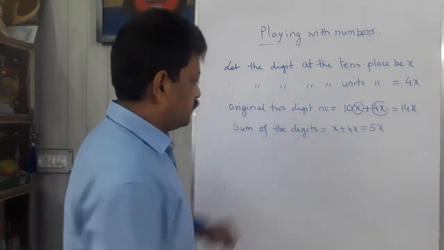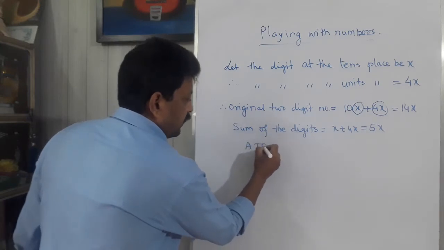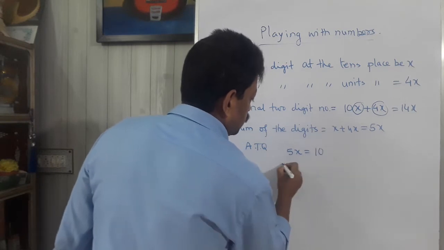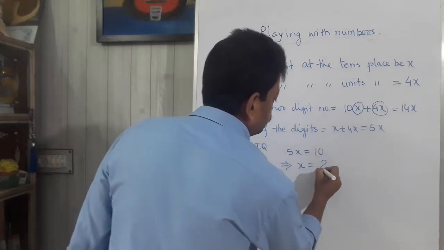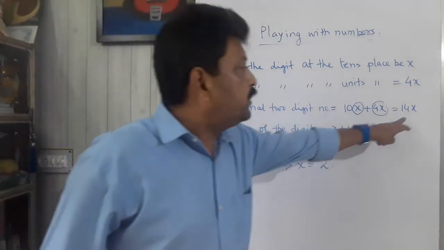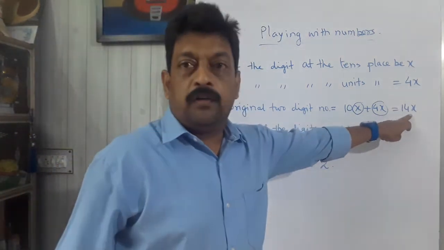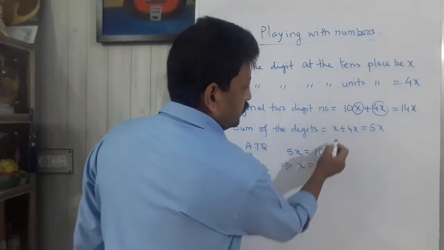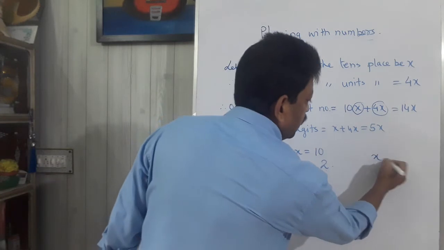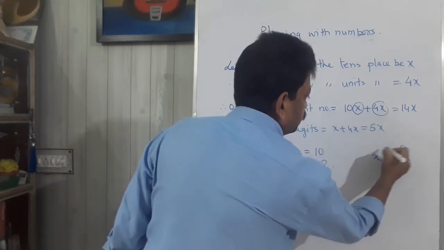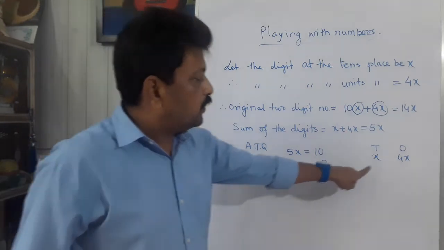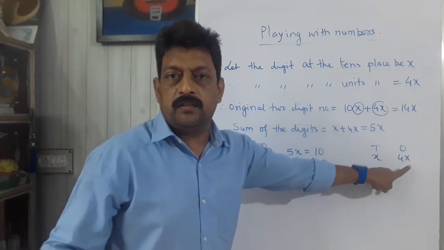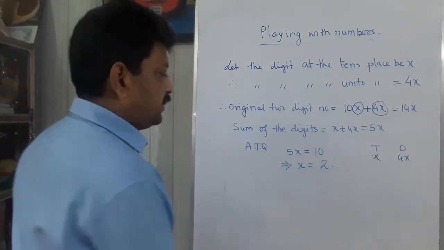According to the question we can write 5x equals 10, which implies x is equal to 2. We have taken the tens digit as x and ones digit as 4x. So if x is 2, then the tens digit is 2 and the ones digit is 4 into 2, that is 8. So the required number is 28.